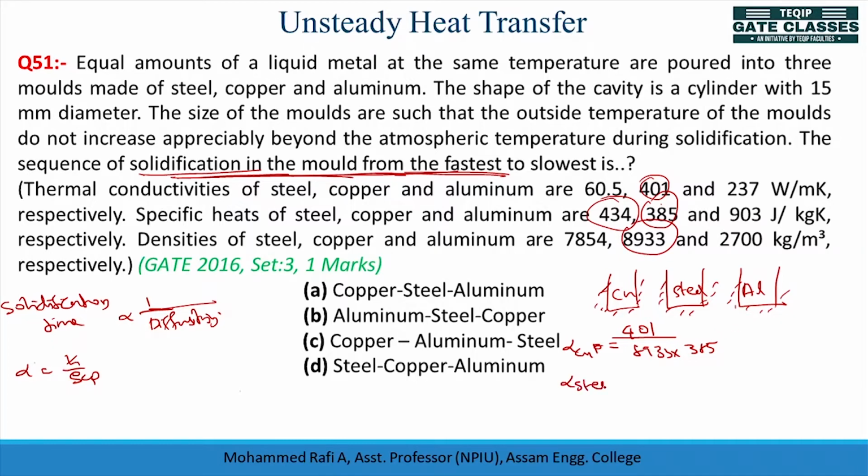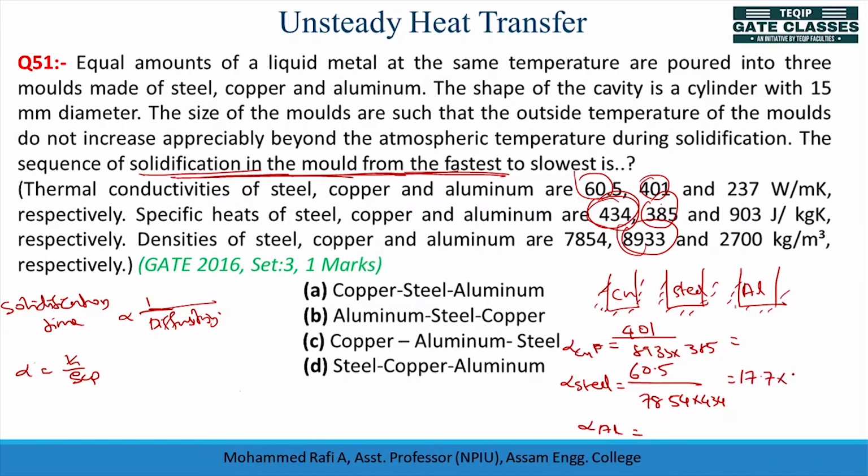Alpha steel equal to k by rho Cp, 60.578, 7854 into 434. So if you calculate like this, alpha aluminum, all this value is coming out.